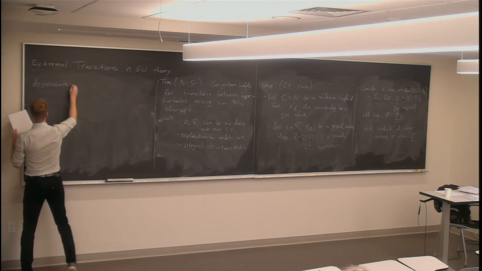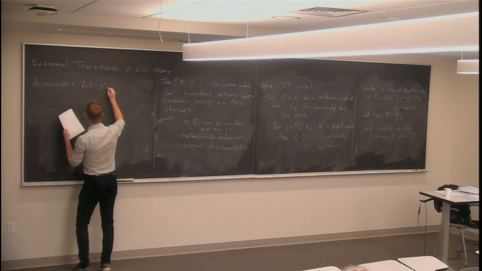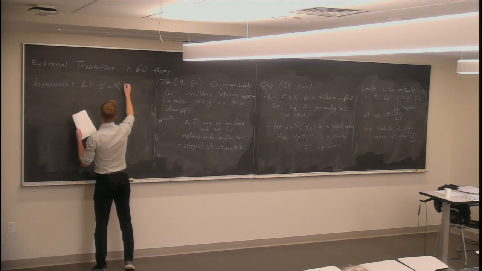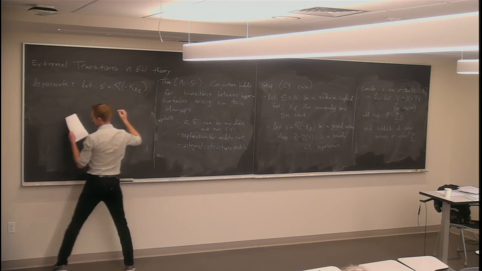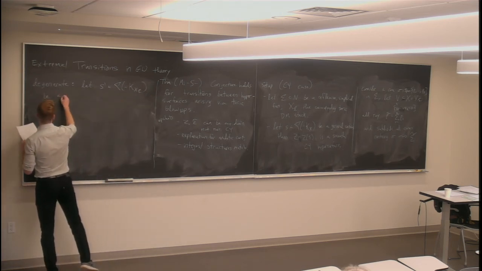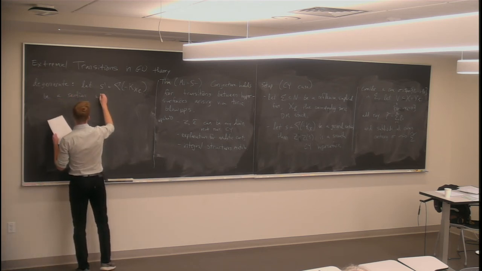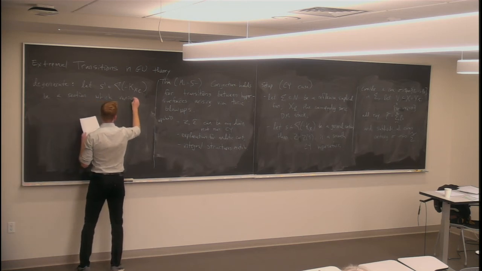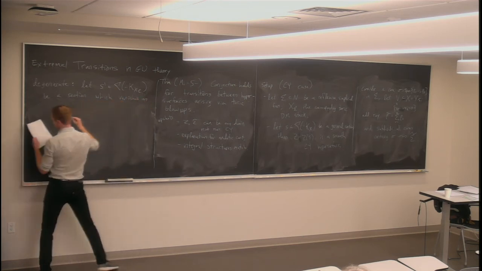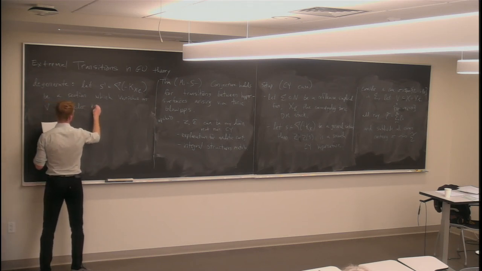So I'm going to let S prime be a section of the anticanonical of X which vanishes on V to order k minus 1.